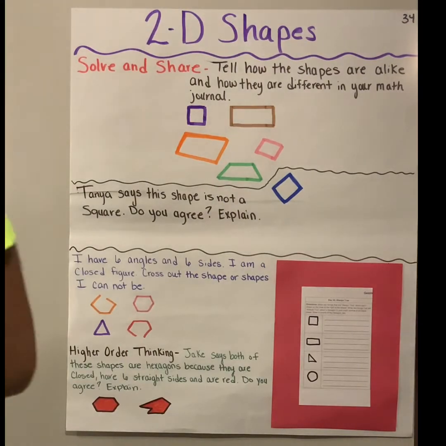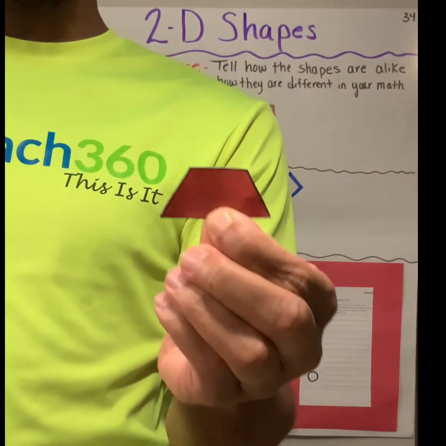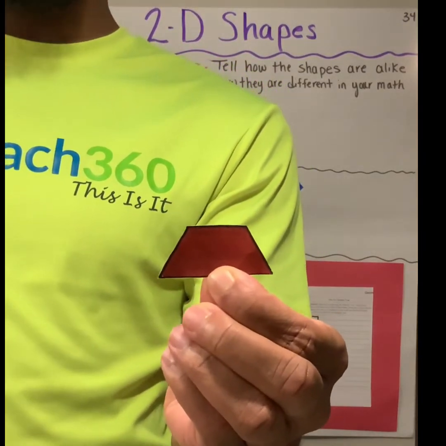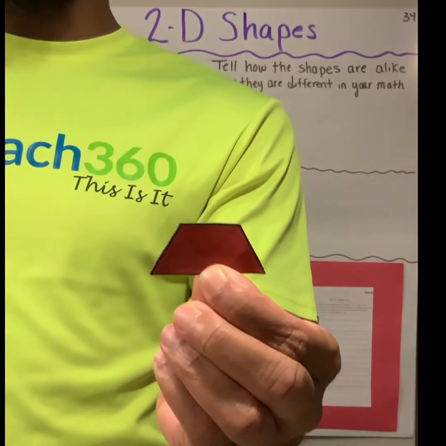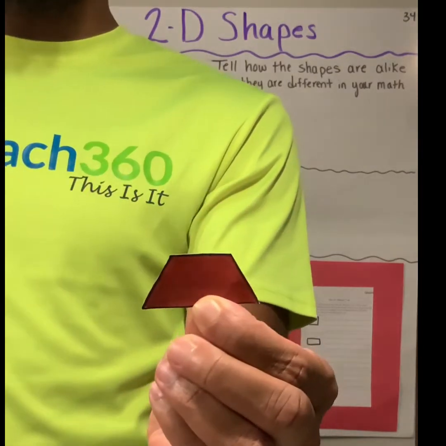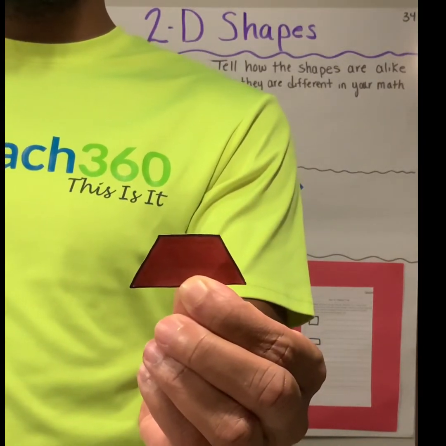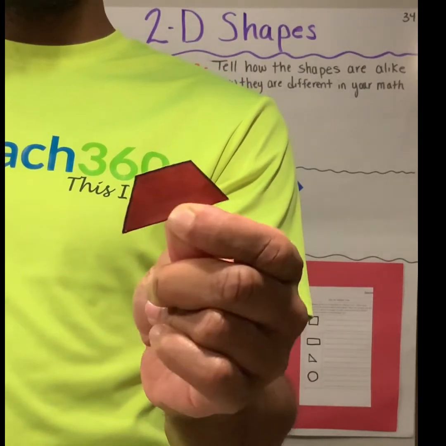Next, we have a trapezoid. So notice a trapezoid has 4 sides, but it only has what? 2 equal sides, okay? So that's one thing that you can realize about a trapezoid.